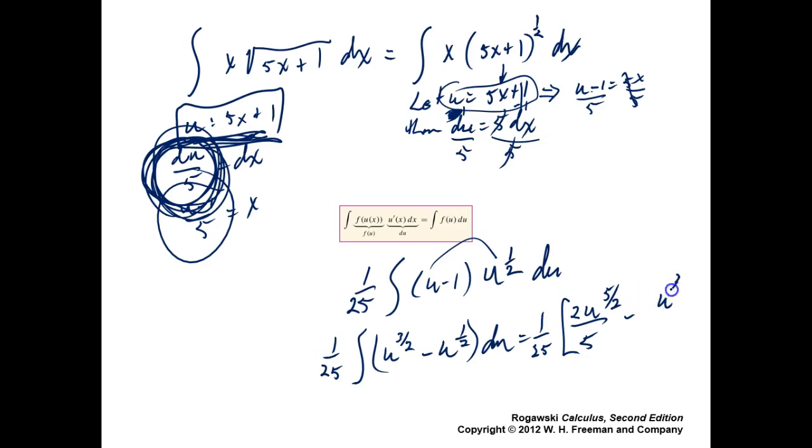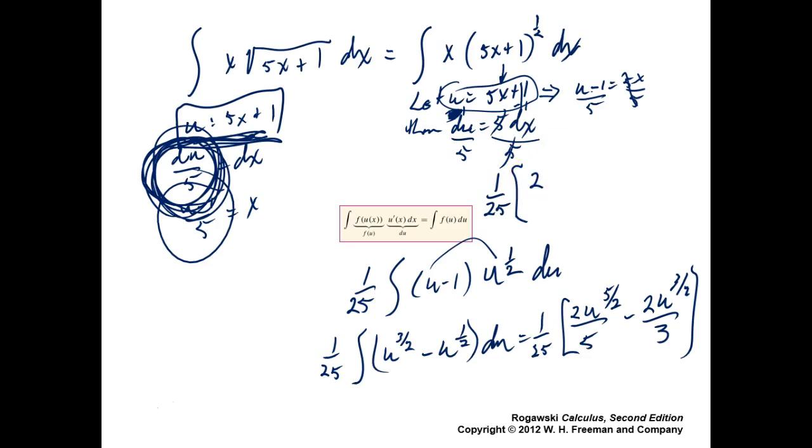U to the 3/2 times 2/3. All right. Now what do we need to do? Plug in what u is. That's 1/25 times 2.